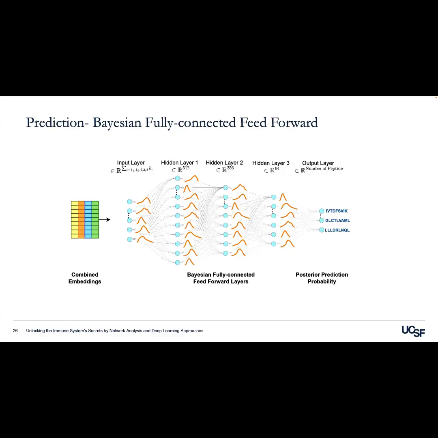Now we go to the prediction part. For the prediction, we tried different ways, including traditional machine learning methods such as random forest, and also some other deep learning methods. But in the end, we decided to use a Bayesian fully connected feed forward network. The reason we consider a Bayesian method here is that the whole process of TCR antigen recognition is actually not one to one.